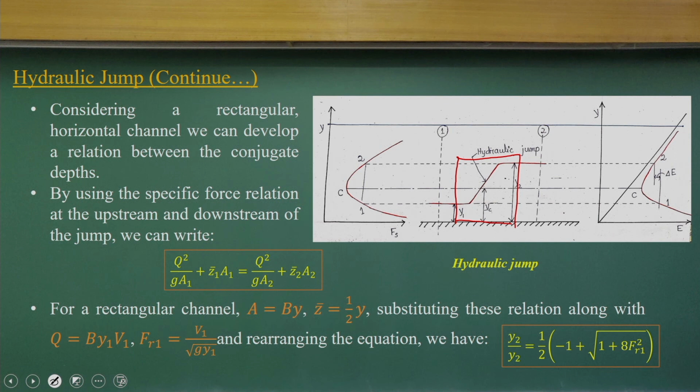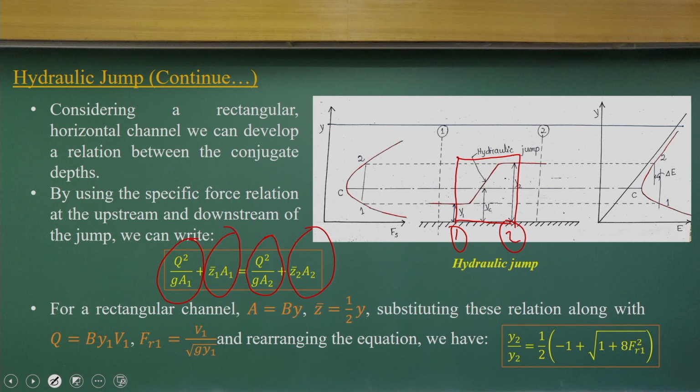If I look at this, this is the momentum flux component, and this is the component because of hydrostatic pressure distributions at the section A. That will be equal to the force component per unit weight due to the hydrostatic pressure distributions at the two locations.